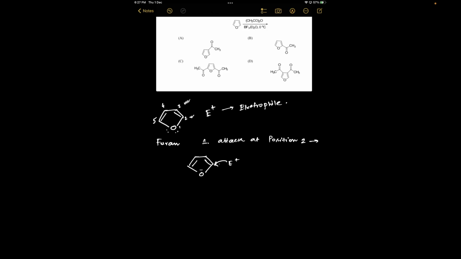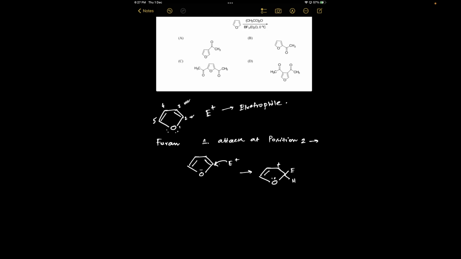Then it will generate a positive charge here, and here the electrophile and hydrogen. Now this is a carbocation, because the cation is on the carbon atom.